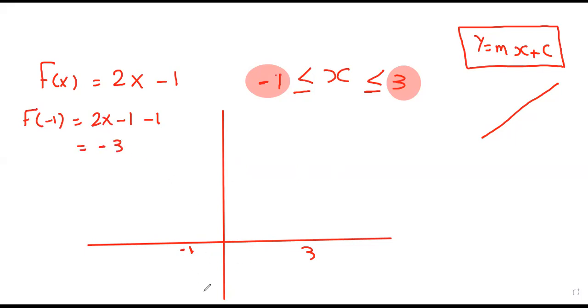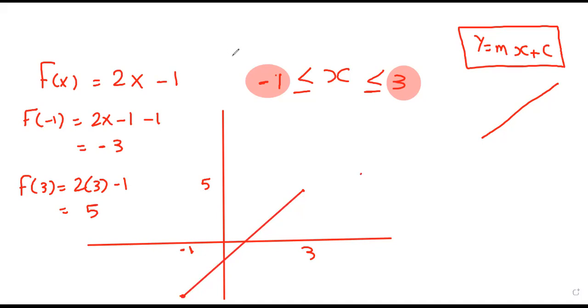So -1 and -3. What about 3? f of 3 equals 2 times 3 minus 1, 6 minus 1, which is 5. So 3 and 5. And join up the two points.